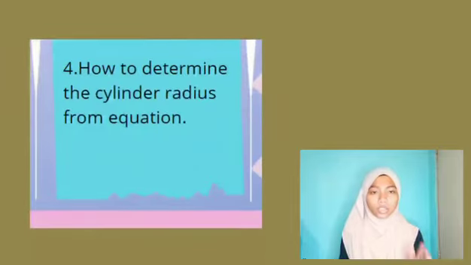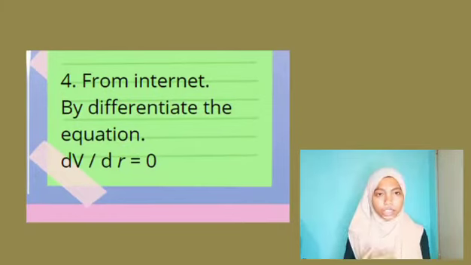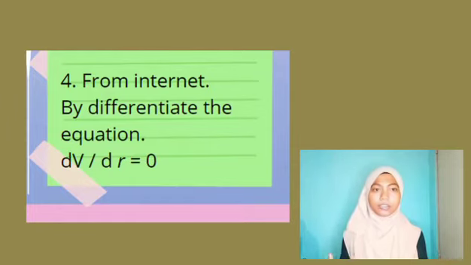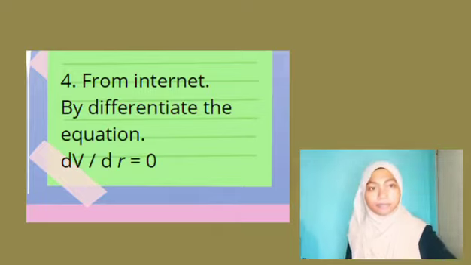So the learning issue here is how to determine the radius of cylinder from the equations. So the action is by differentiating the equation we will get dV over dr is equal to 0. So we will get the answer. We will get the radius of the cylinder.